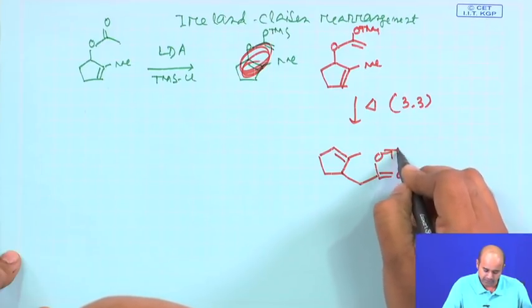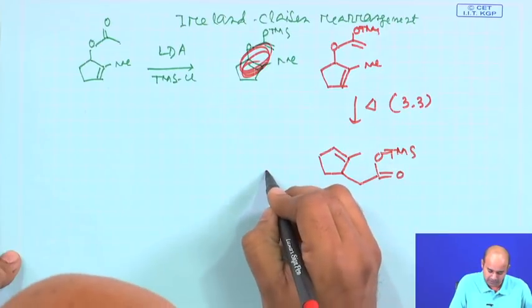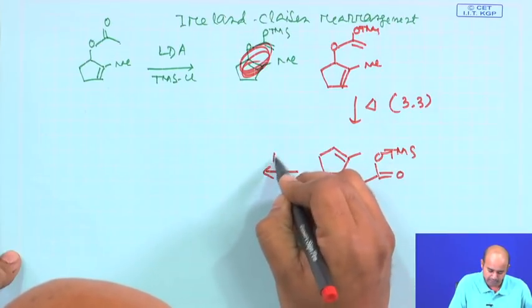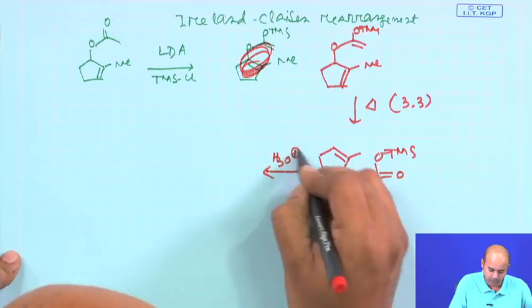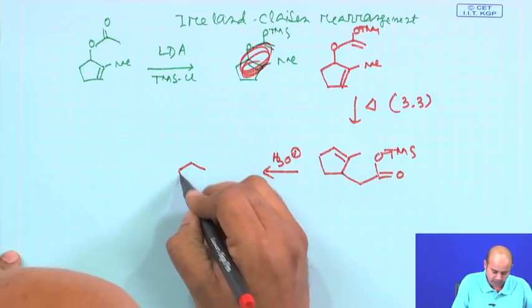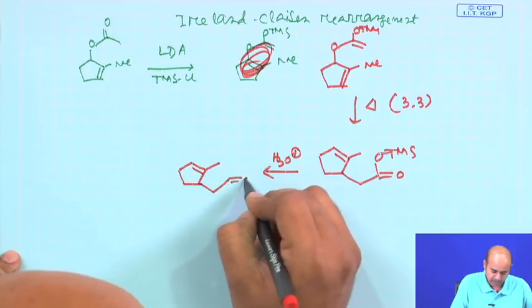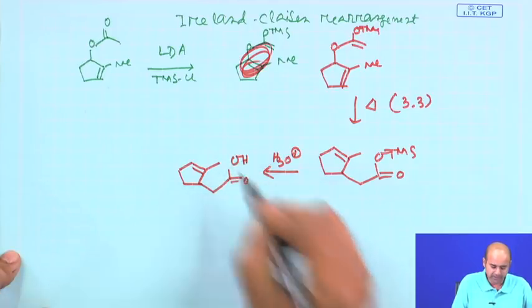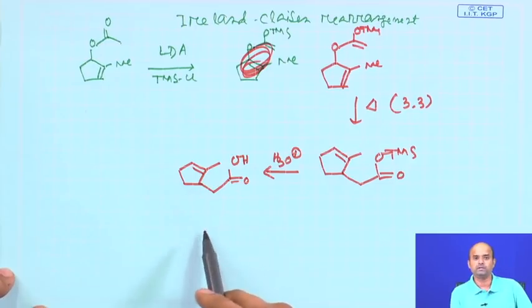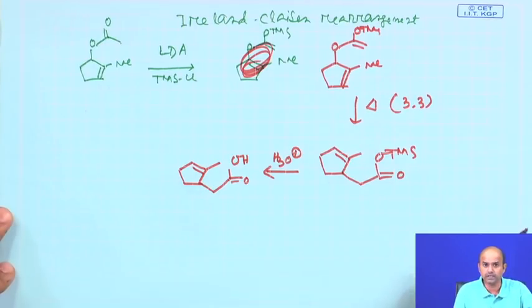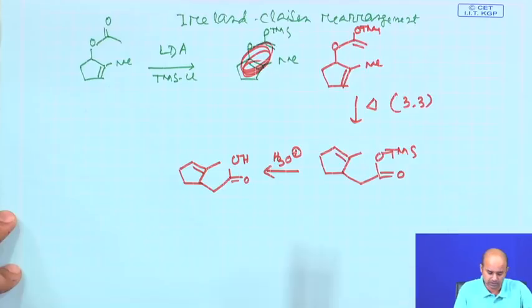The TMS ester you can hydrolyze by aqueous acidic workup, which will give you the carboxylic acid. The carboxylic acid you can ring close by a halolactonization.